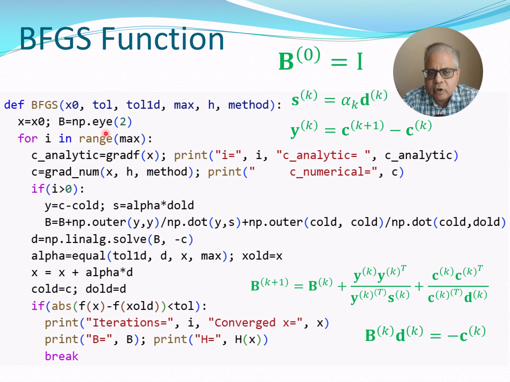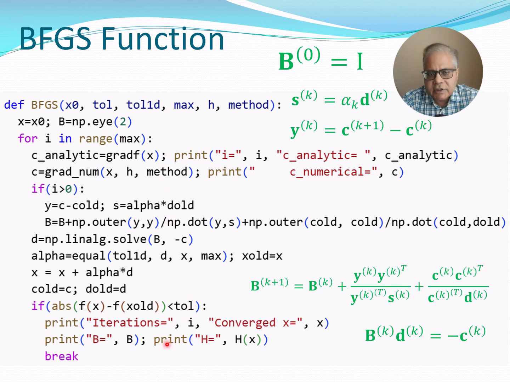I use the np.eye function to create an I matrix of size 2, and then I build up the Sk and Yk directions here, and then I invoke this BFGS formula here, and then we are able to solve the system B d equals minus C in this location, and then I call the one-dimensional search, and then I can check for convergence in case the function value at the point x and the older point x old, which I have saved here, changes by less than the tolerance.